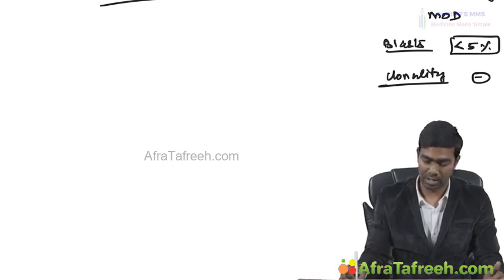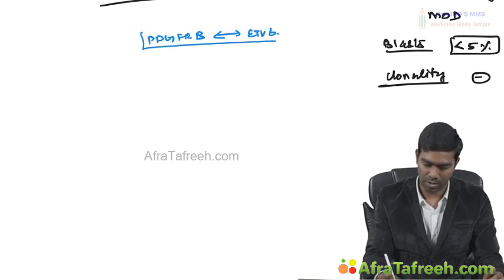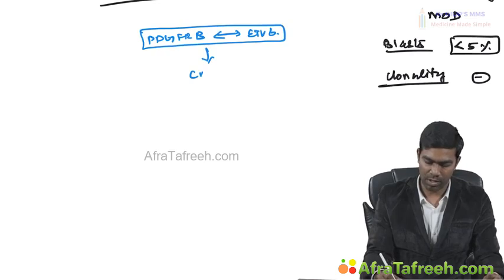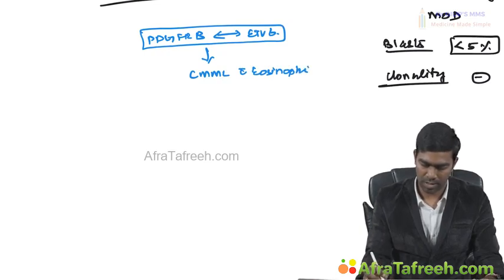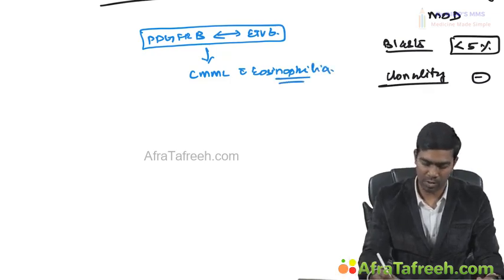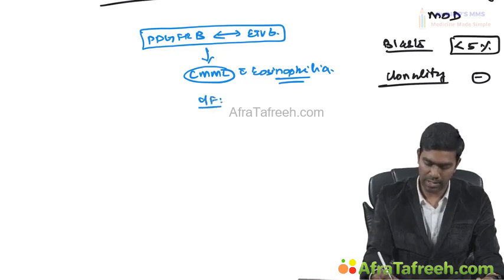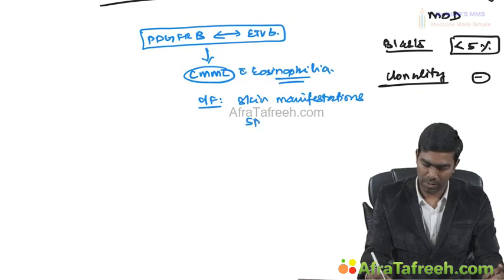But there is another translocation, called PDGF receptor B and ETV6 fusion. It results in something called a CMML with eosinophilia. CMML I will tell you separately in overlap syndromes. Usually, because of eosinophilia they will have skin manifestations, and they are going to present with splenomegaly.